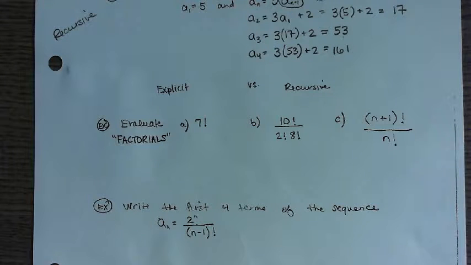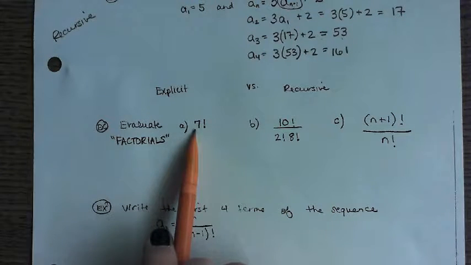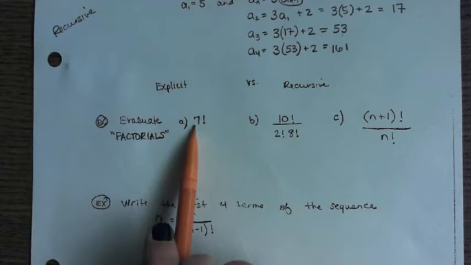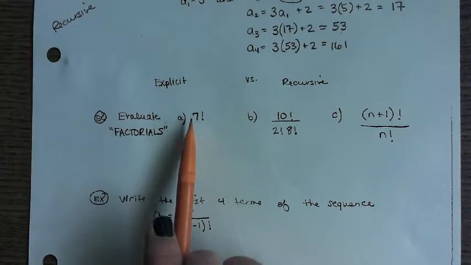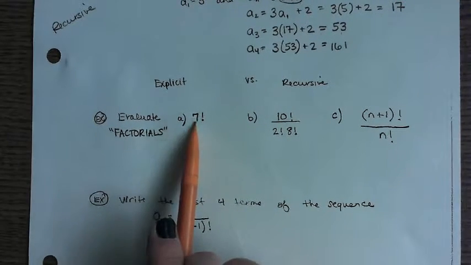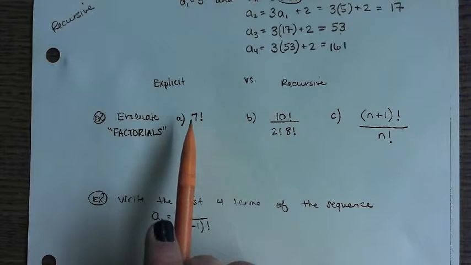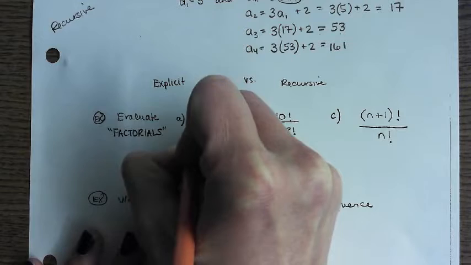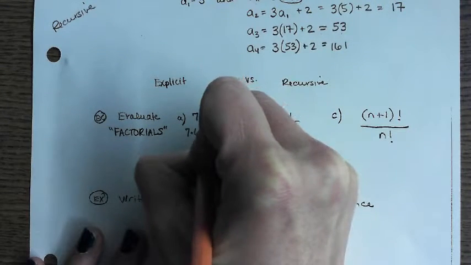Factorial means that you start with that number, in this case 7, and you then multiply by every integer prior to it all the way down to 1. So 7 times 6 times 5 times 4 times 3 times 2 times 1. Okay. You're going to need your calculators for at least this one.